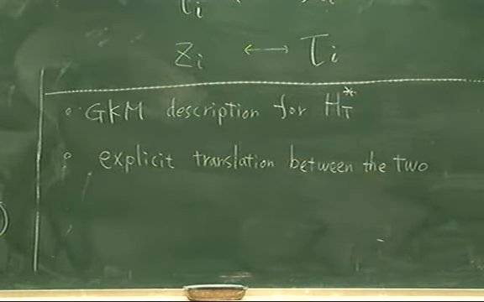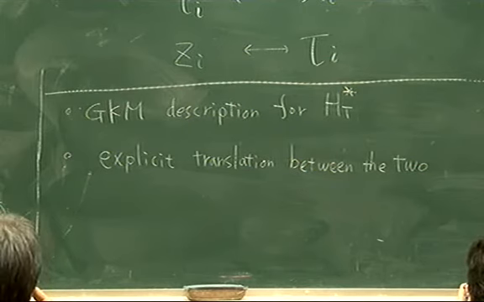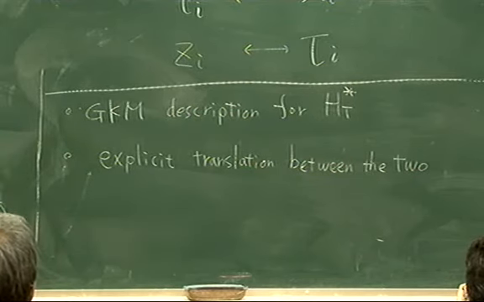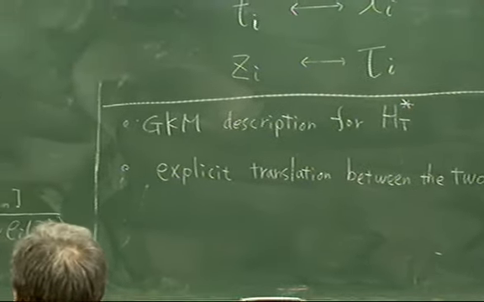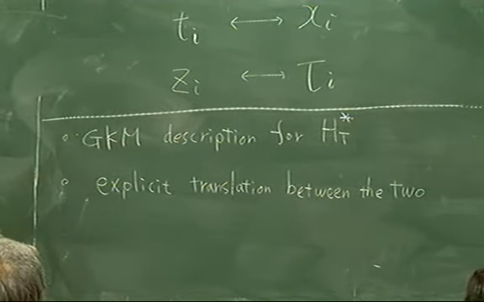There are both advantages and disadvantages for each description. For example, this description is very convenient because we don't need a long list of polynomials right here. But here we have to consider an ideal. But here we don't need to consider an ideal.